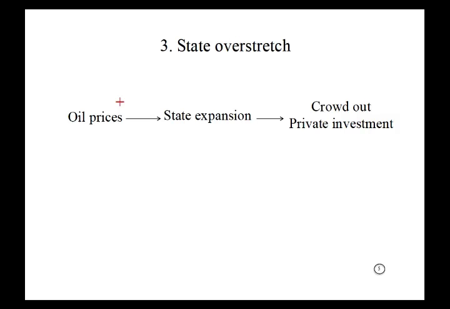You reduce the room for private investment, for the private sector. You start to enter every industry. You crowd out the private investment, and usually, as we're going to see, in most oil-rich countries the private sector is very weak.